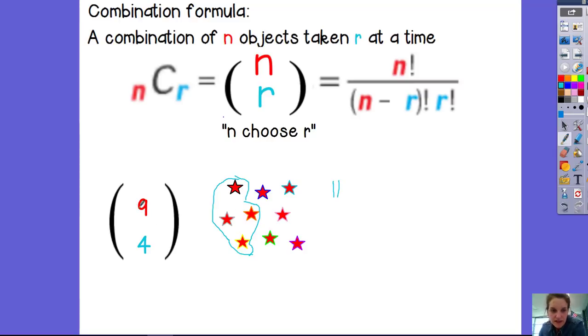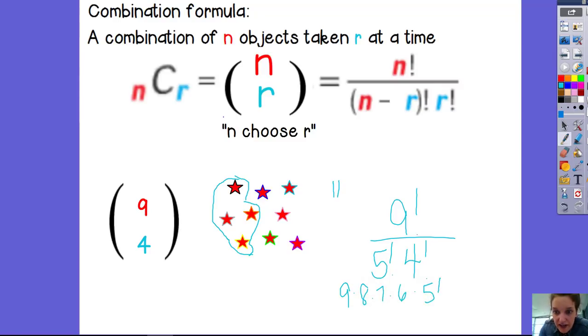So the way this formula is going to work, we're going to do 9 factorial over the difference, 9 minus 4 is 5 factorial, over 4 factorial. 9 factorial is 9 times 8 times 7 times 6 times 5 factorial.